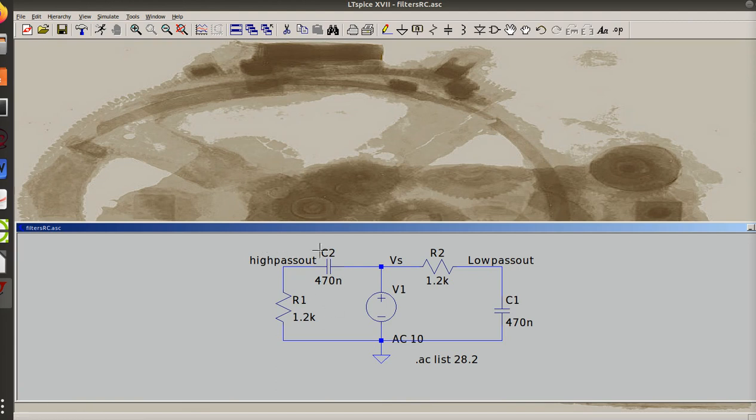And then as the frequency goes up, the reactance of this is going to go down, and I will get more of my 10 volts out. And so the sweet spot is the 282 hertz. So this one should be high, and this one should be low when I run it.